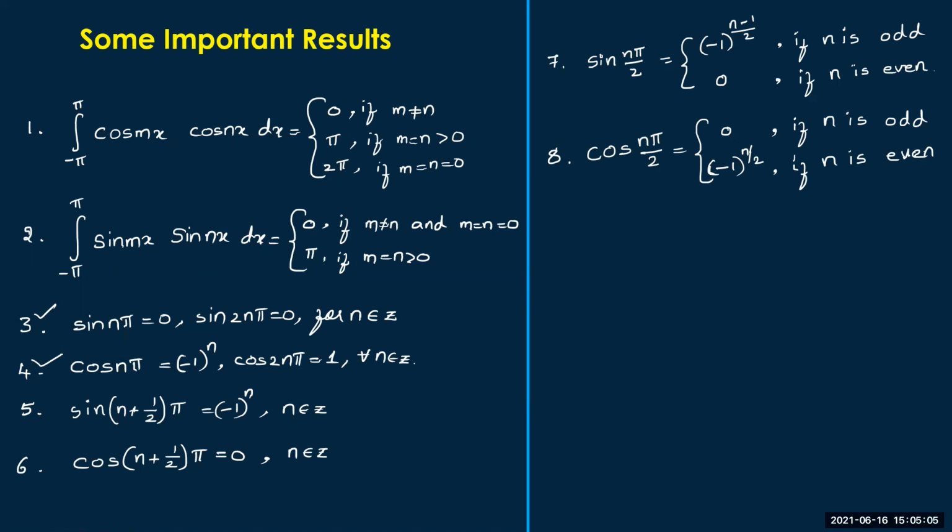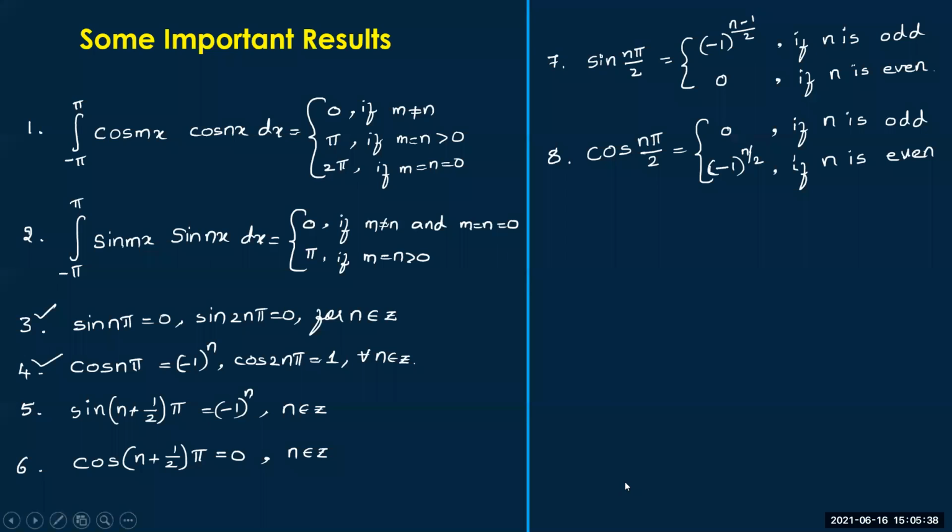And while simplifying the integrals, we need to substitute either pi comma minus pi or 0 comma 2 pi, where you are substituting in sinusoidal functions only, sine or cos. That's how we frequently use either sine n pi or sine 2n pi, cos n pi or cos 2n pi. We need to remember these values very importantly. We use 3 and 4 almost in every problem. We use others also, but a little later. So keep them in mind.